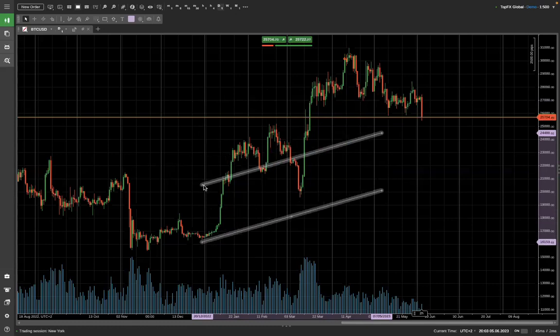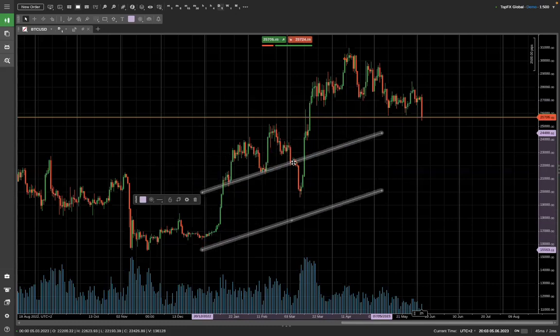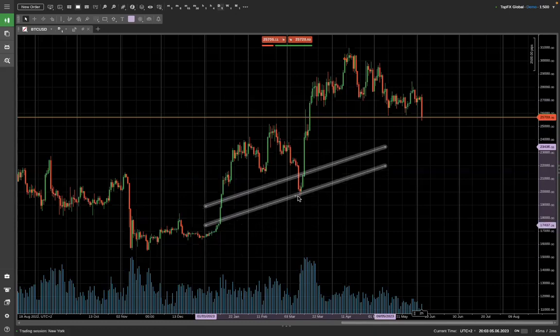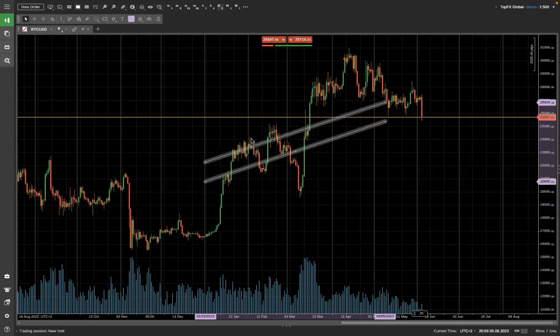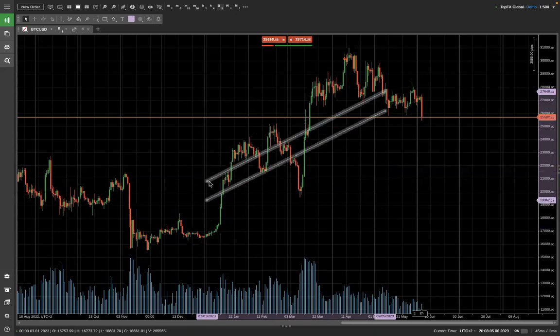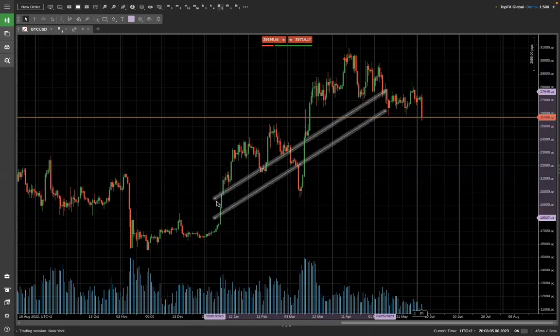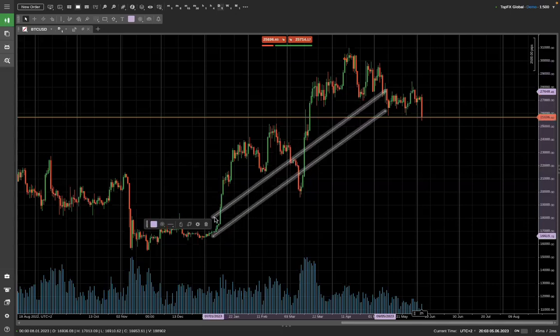If I want to tighten the gap, all I do is click on the bottom of the channel, and then I can tighten the gap. If I want to change the angle, I need to move one of the ends, right? For example, I can do this, or I can do this with a grab of one of the ends.